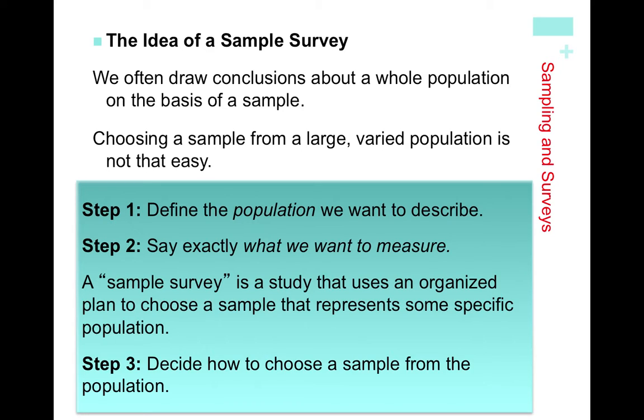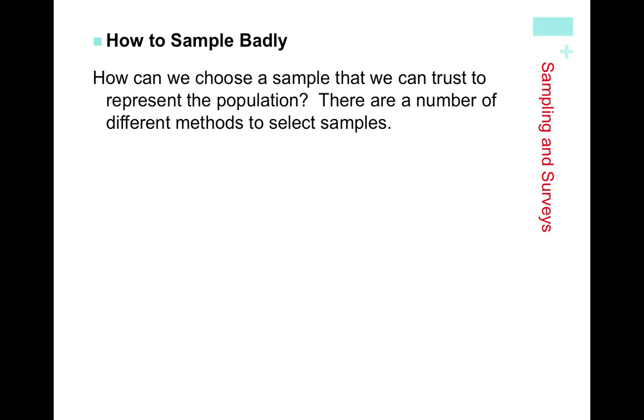A sample survey is a study that uses an organized plan to choose a sample that represents some specific population. And finally, decide how to choose a sample from your population, which we're getting into now. Before we actually talk about how to sample well, we'll talk more.